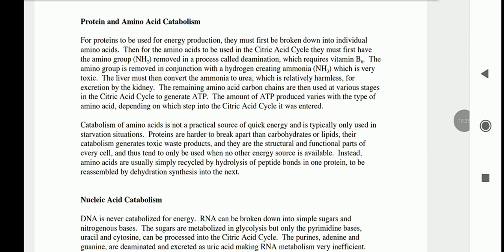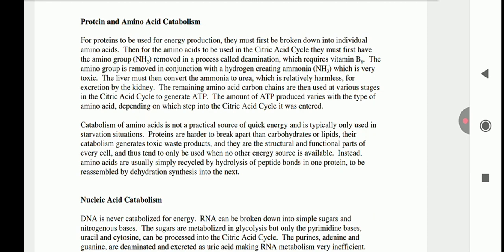The amino group is removed in conjunction with hydrogen, creating ammonia, which is very toxic. The liver must convert the ammonia to urea, which is relatively harmless, to be excreted by the kidney. The remaining amino acid carbon chains are then used at various stages in the citric acid cycle to generate ATP. The amount of ATP produced varies with the type of amino acid, depending on which step of the citric acid cycle it entered.